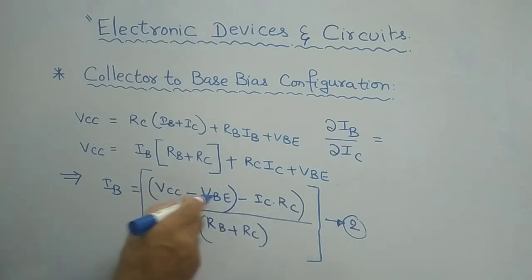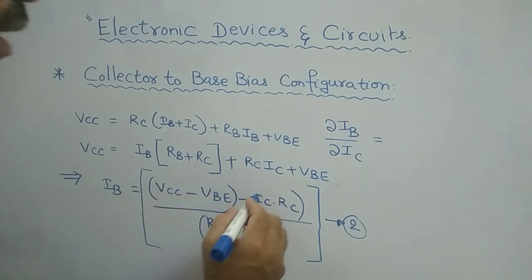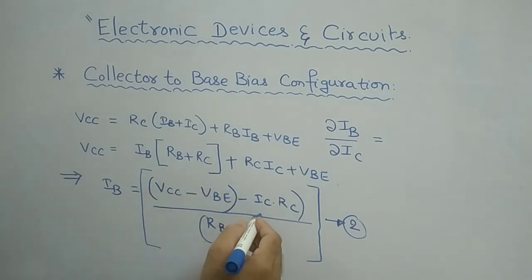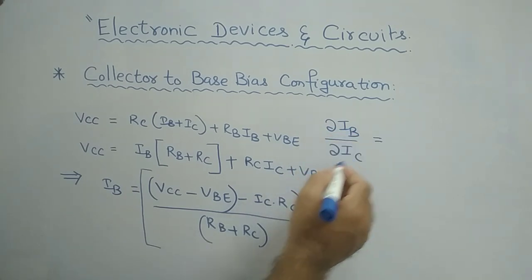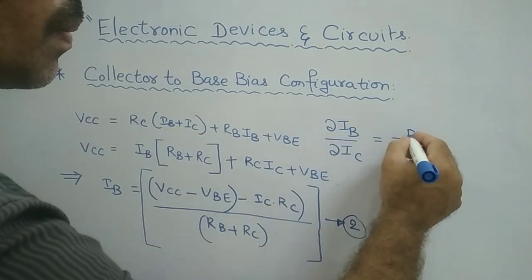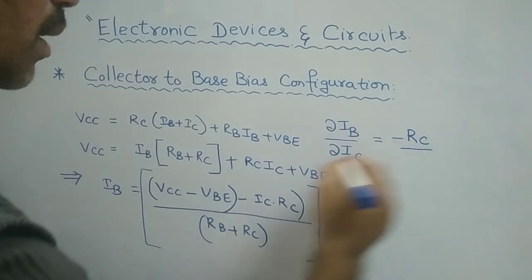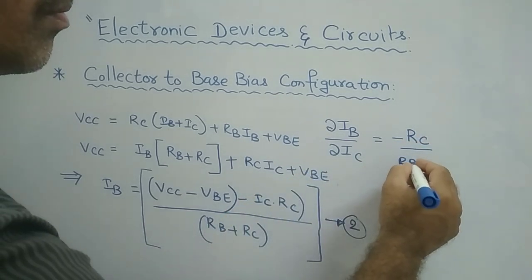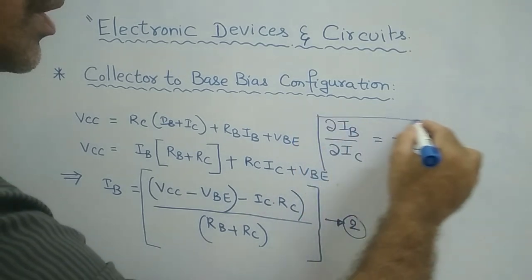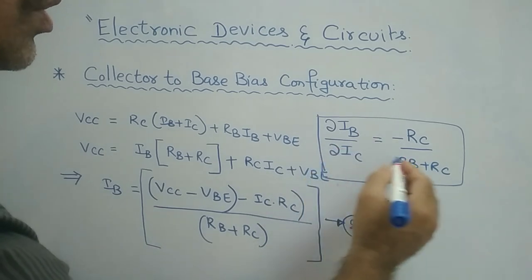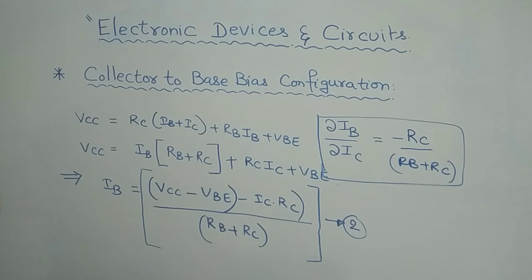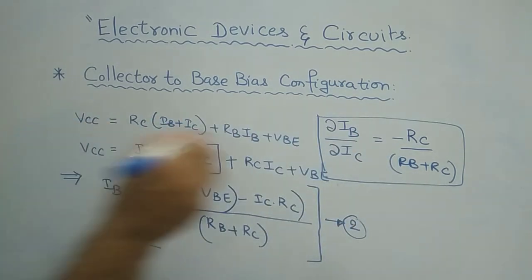Then minus IC into RC by RB plus RC. As we have IC, dou IB by dou IC means this becomes 1. Therefore, you will get minus RC by RB plus RC. This is what your dou IB by dou IC.